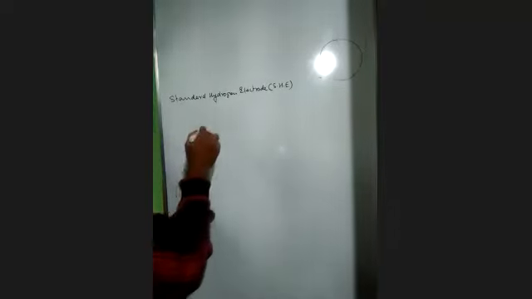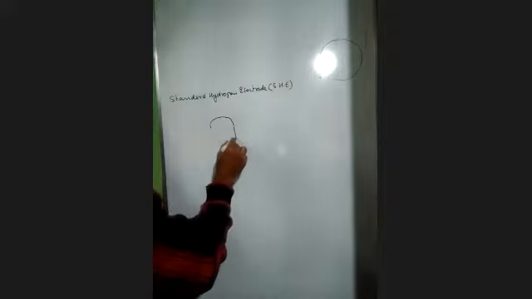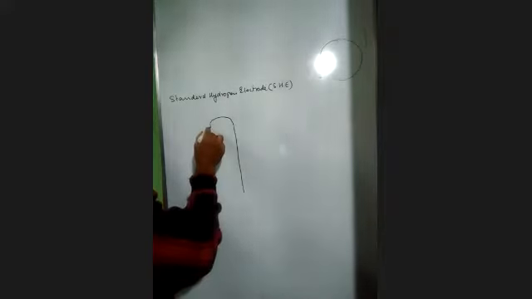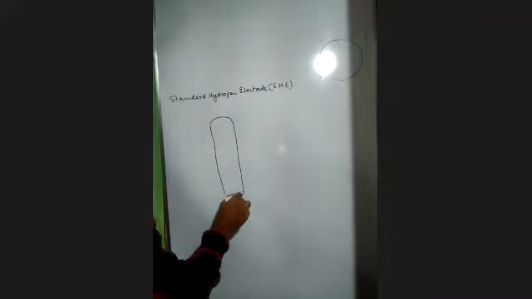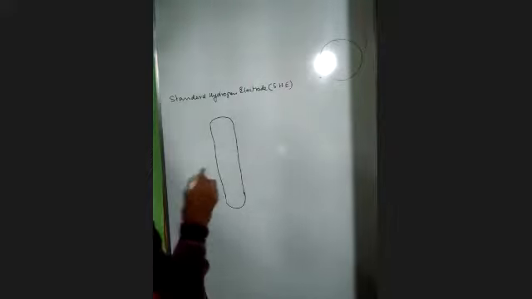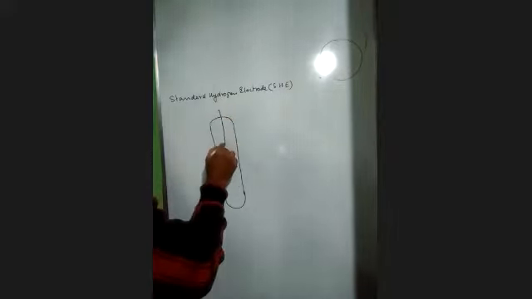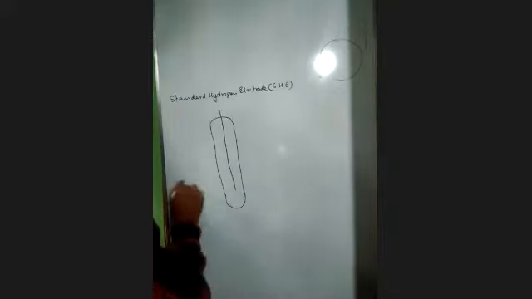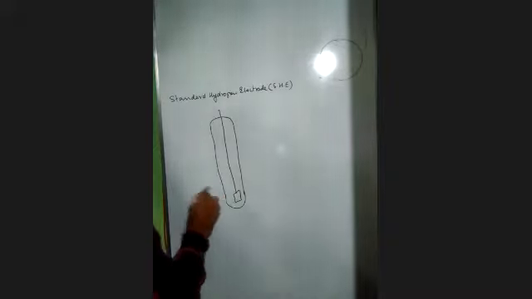See, in the standard hydrogen electrode, what do you do? You take a glass tube. Okay, you take a glass tube and we seal one platinum wire, and at the end we'll have a platinum plate.